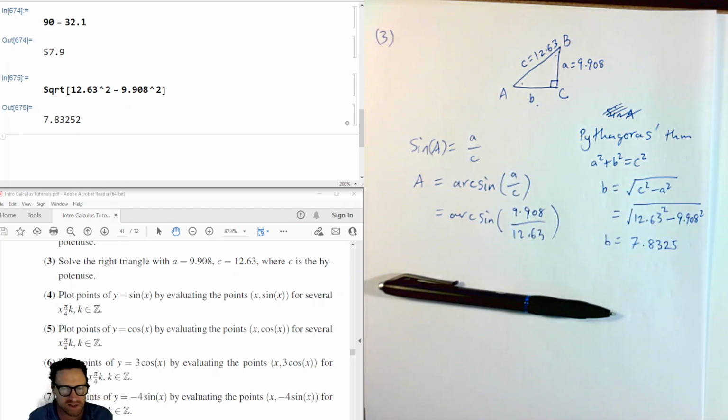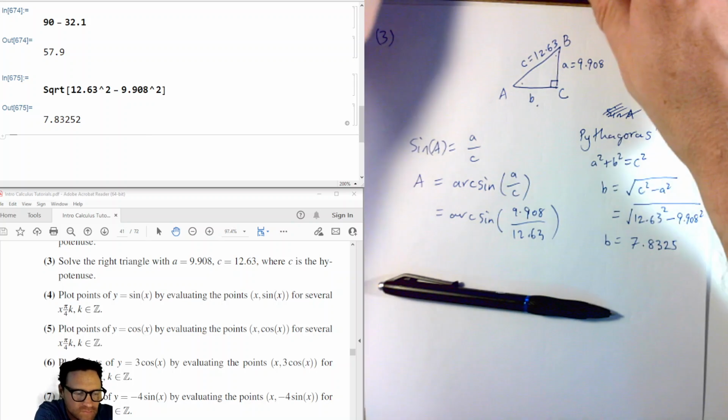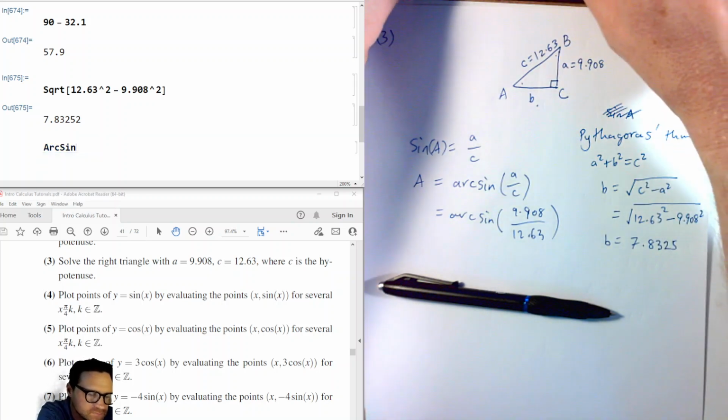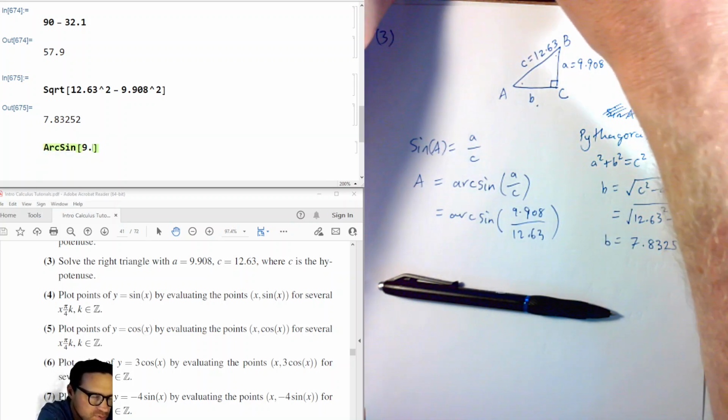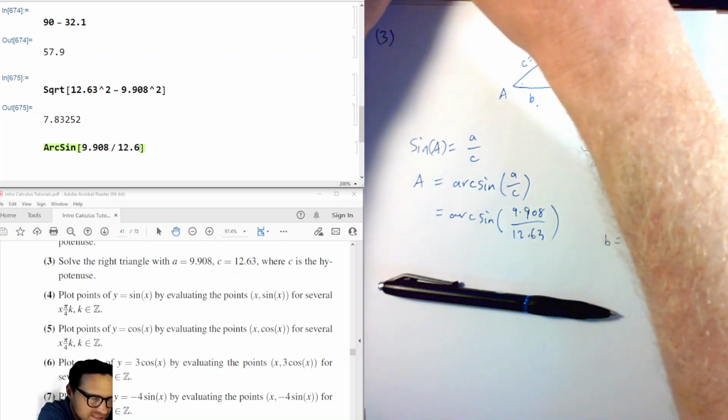But on your machine, you've got sine superscript minus 1, which you would access with the shift button if you're using a calculator. All right, let's do this in Mathematica here. Arc sine 9.908 over 12.63.